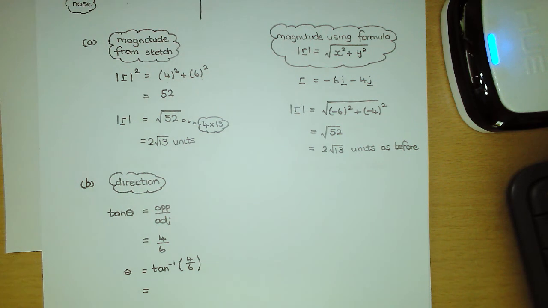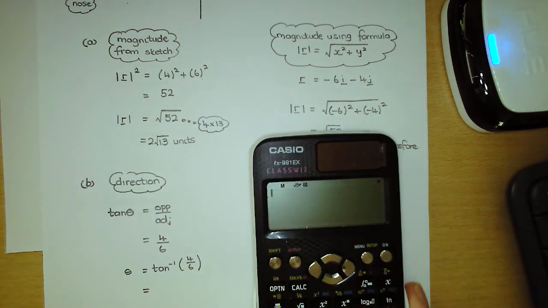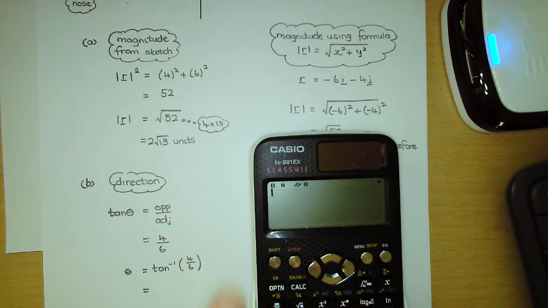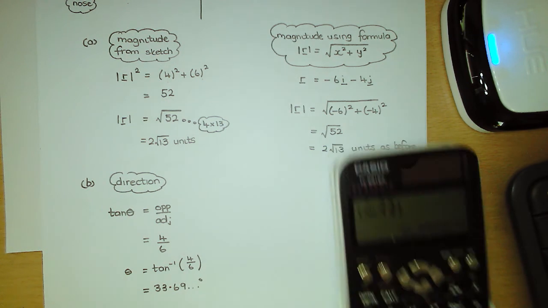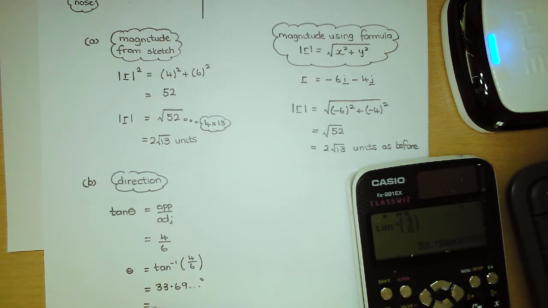So if we go to our calculator, make sure we're in degree mode. So shift tan 4 over 6. And that's going to give us 33.69. And then we have to give it to 3 SF, so that's going to give us 33.7 degrees to 3 SF.